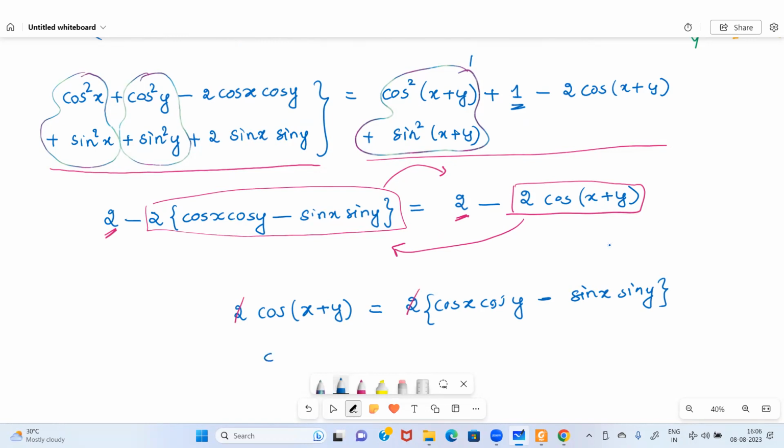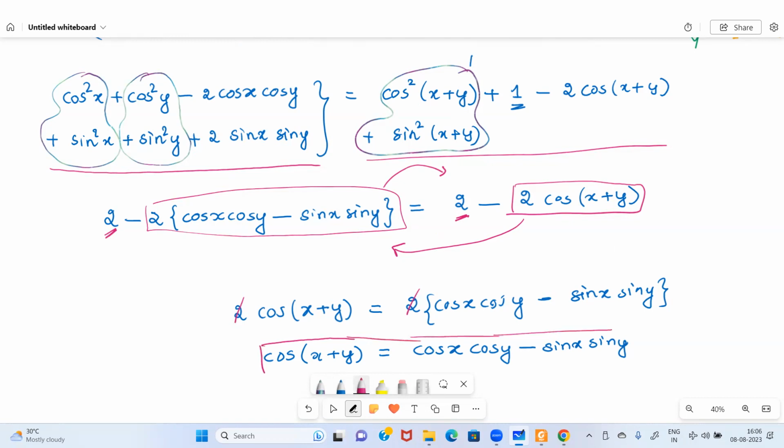We get cos of x plus y equals cos x cos y minus sin x sin y. Clear, students? This concludes our proof.